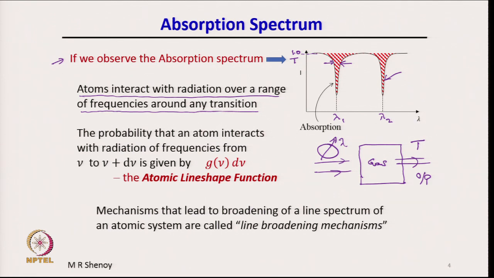Therefore, the atom interacts with radiation over a range of frequencies, and the probability that an atom interacts with radiation of frequencies from nu to nu plus d nu is given by a function called g nu d nu, which is called the atomic line shape function.